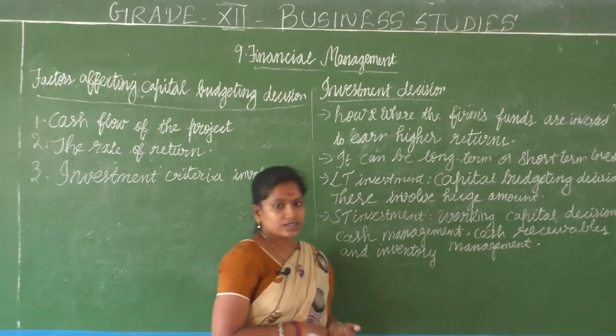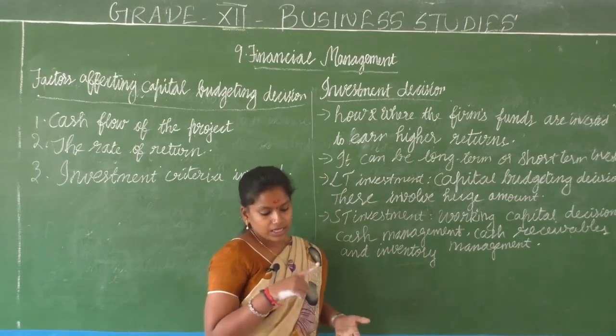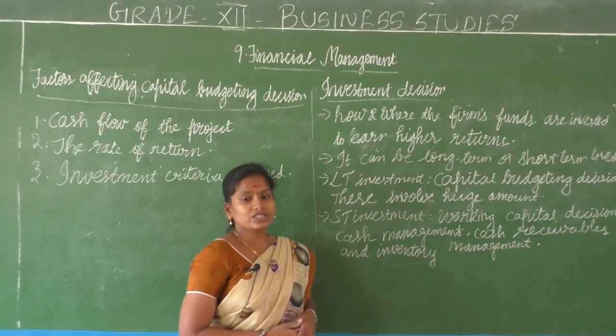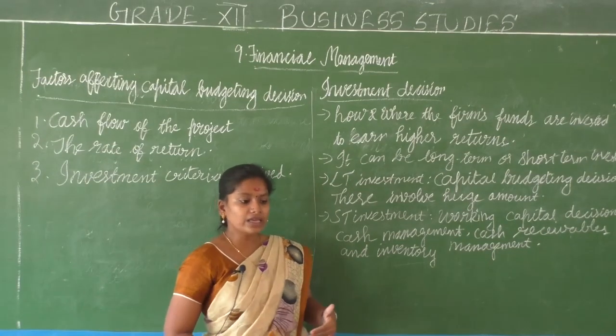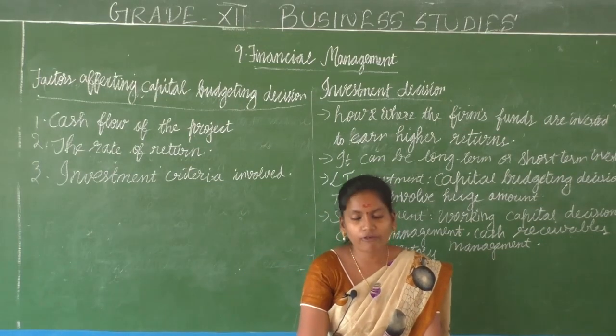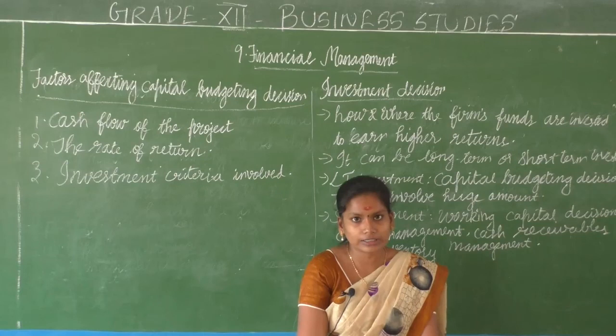For all these decisions, there are certain techniques called capital budgeting techniques which can be used to identify the best capital budgeting decision, the overall performance of all these things.